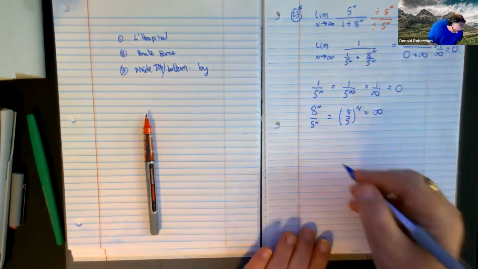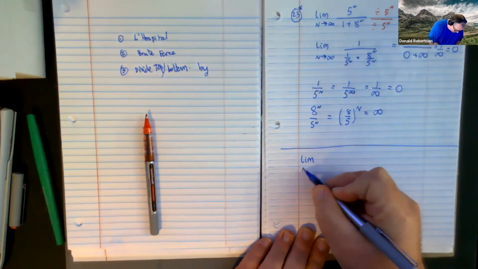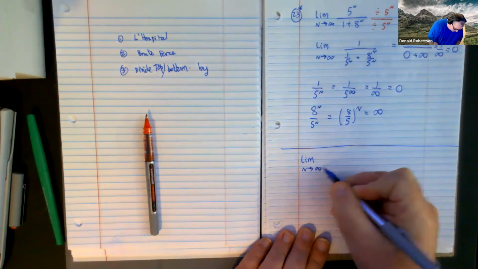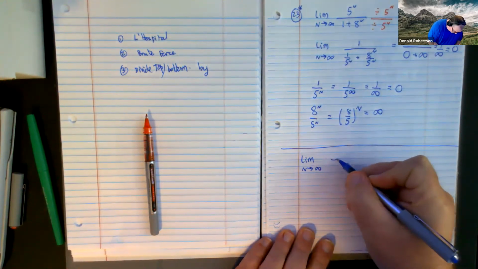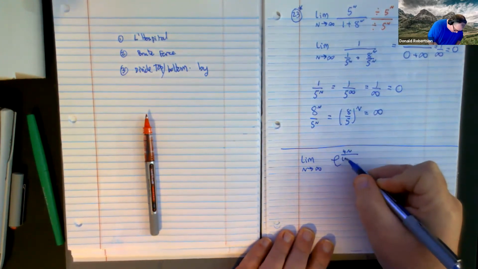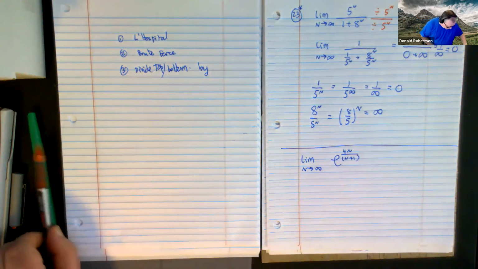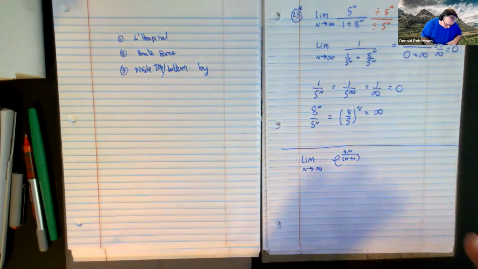How about this one? The limit as n tends to infinity. So we're looking at the weirder ones now. 4n over n plus 1. Now, for this one, I'm going to change the order.